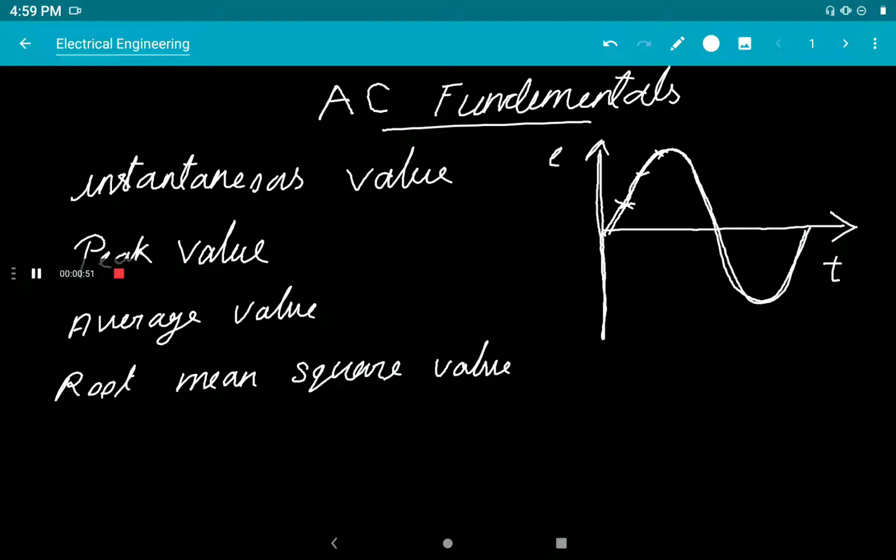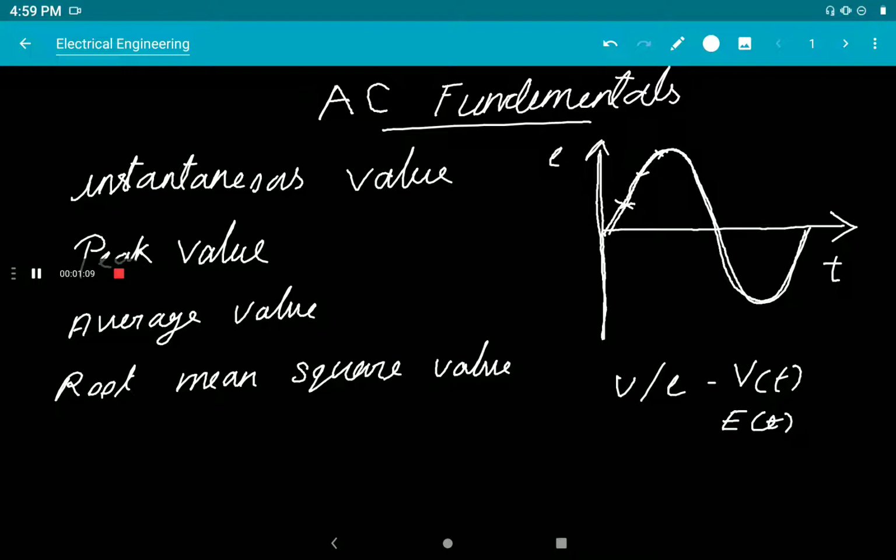If it is a voltage, we use V or E to represent it.